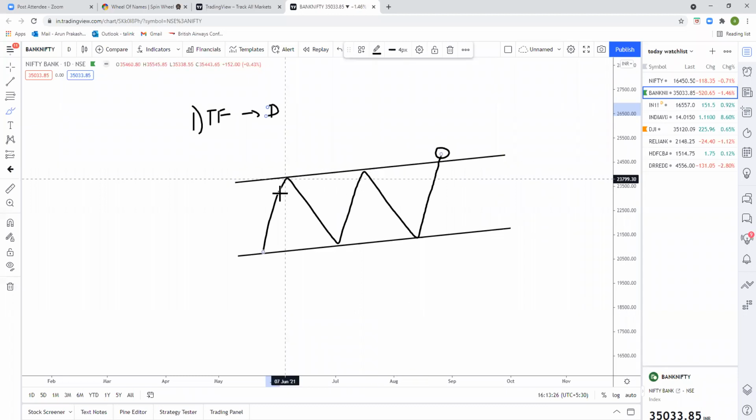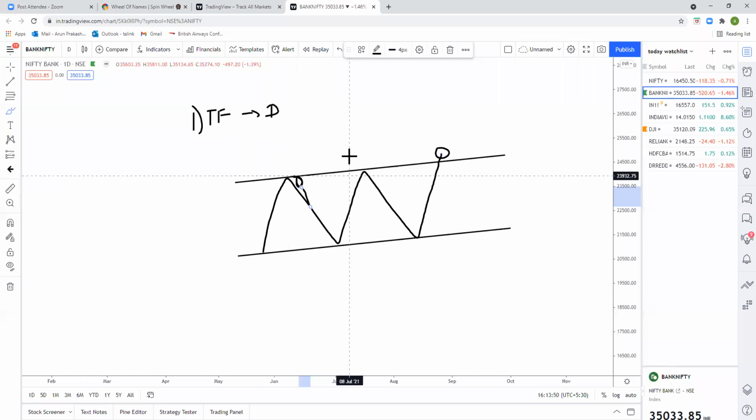Suppose when it touched this trend line, it hasn't given any breakout, it just took resistance and fell down, then you will have a bearish candle like this, the body touching this line and closing strongly here, and prices would have again dropped down.